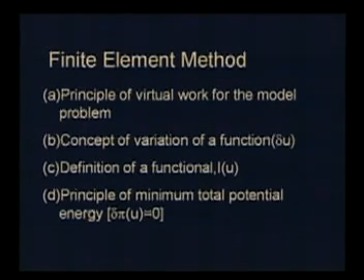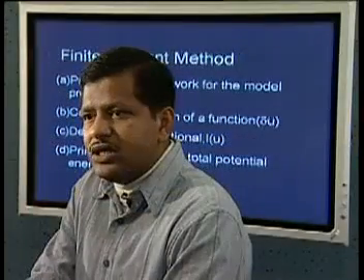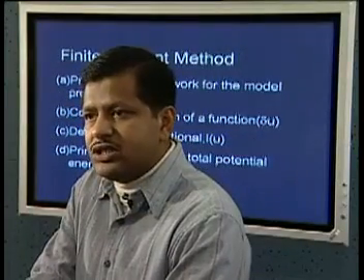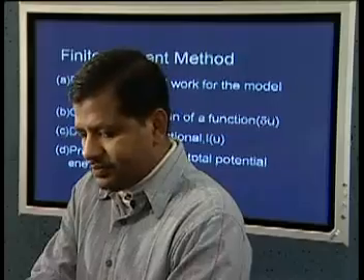From the definition of this functional, we reposed our principle of virtual work as a minimization of a functional. And that functional we got corresponding to the model problem of interest turns out to be the total potential energy corresponding to the system.